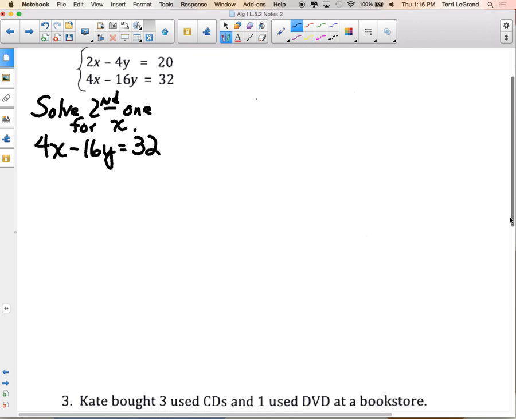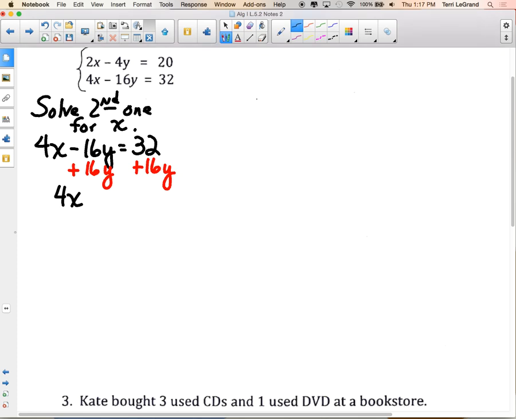No way we're going to make this into a one step because we don't have a positive 1 coefficient. So what's our first step going to be? Add 16y to both sides. I love how you guys just write the 16. Well, 32 plus 16, they can be added together, but can 32 plus 16y really be combined? No, so we're going to write that y there.